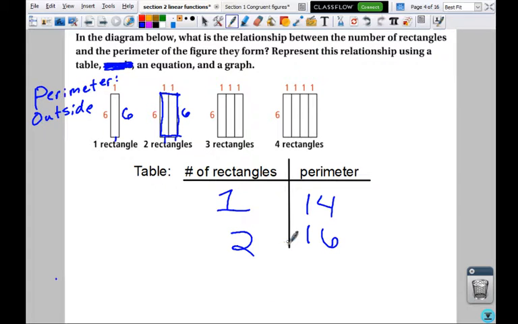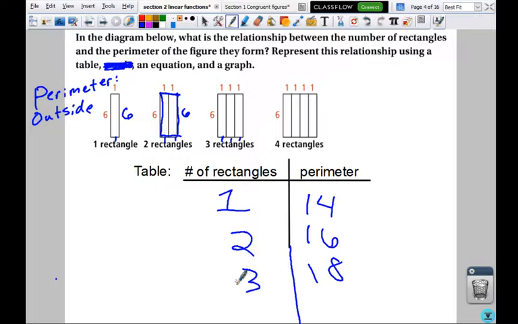I still have 2 more parts of my table. When I have 3 rectangles, I'm going to count my perimeter again. So 6 and 6 is 12, 13, 14, 15, 16, 17, 18. Pretty easy. I bet you guys can see the pattern already.